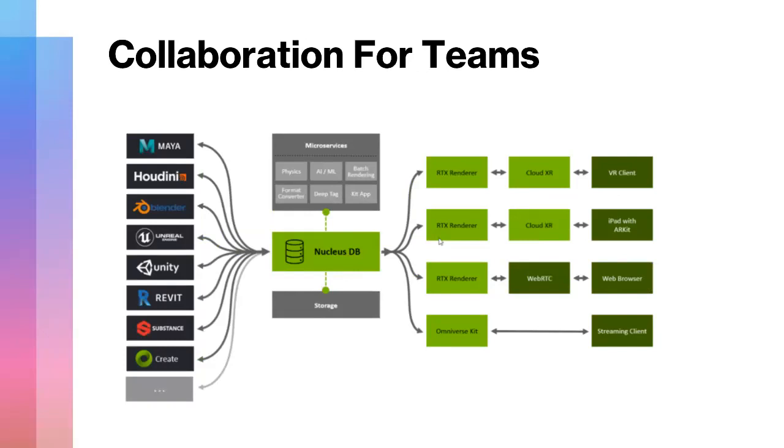So as you modify things in an application, it streams that data to the other person's client, so it feels like everybody is working on the same scene, on the same project. Because it's all networked, and Nucleus is a data management database that keeps track of all those changes, and everybody can access it.